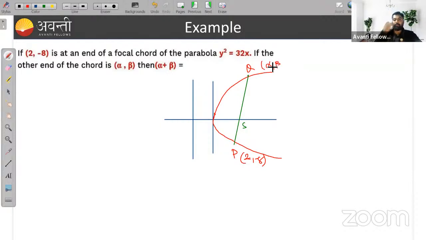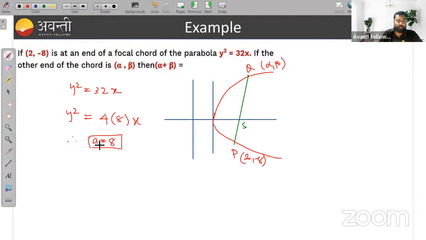Then you need to find the value of alpha plus beta, correct? So what is the given equation of the parabola? That is y square is equal to 32x. Can you simplify it? That is 4 into 8 into x. So here I am getting a is equal to 8.